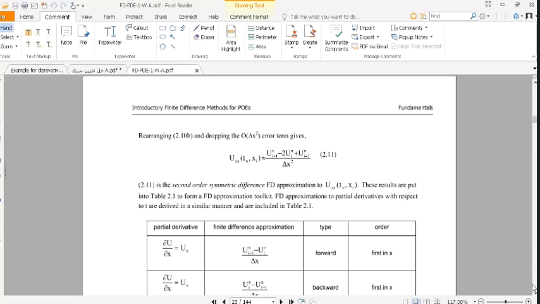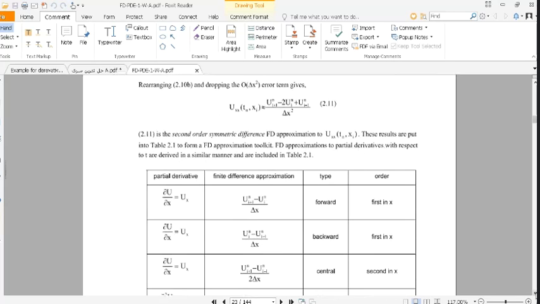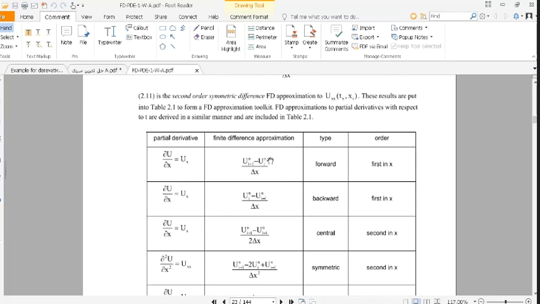The formulas discussed are summarized in this table. In the first row, we have ux, or round of u over round of x.